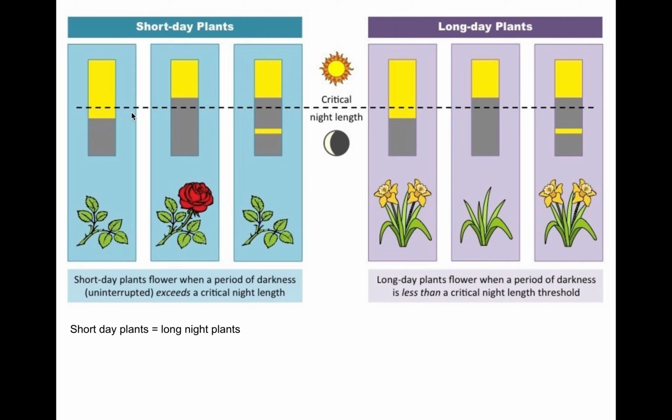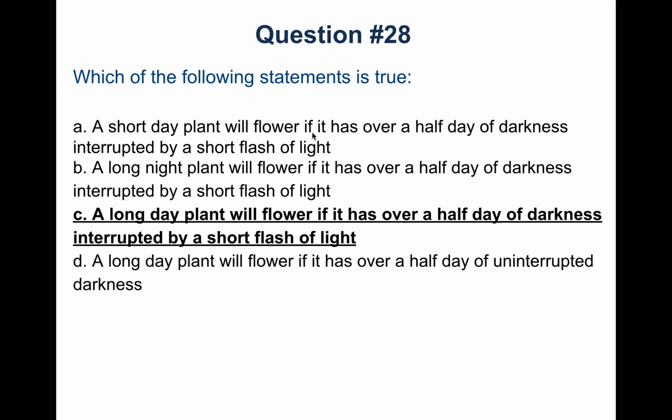So if it does not exceed the length, or if you have that short flash of light, it will not flower. All right. So you have short day plant will flower if it has over a half day of darkness interrupted by a short flash of light. No, it will not flower because you don't get that long enough night length. Long night plant, it's basically saying the same thing because the short day is the long night plant.